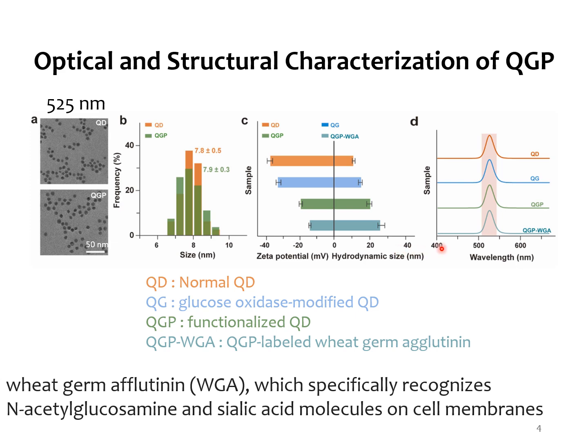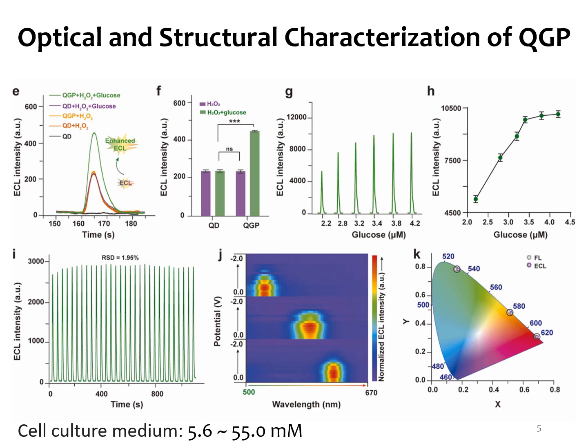Figure D shows the emission spectrum, confirming that QGP-WGA still emits light at the same wavelength as the original quantum dots after functionalization. Figures E and F show that under ECL excitation, stronger emission intensity is achieved when QGP is combined with both hydrogen peroxide and glucose.